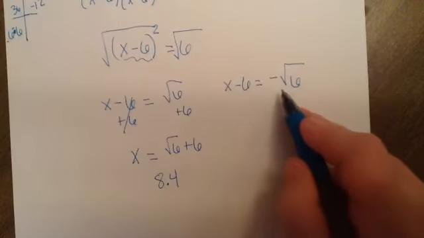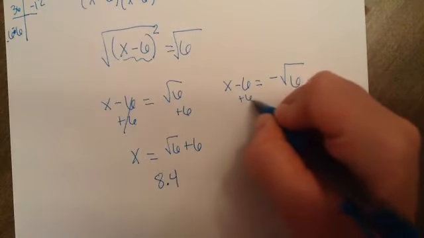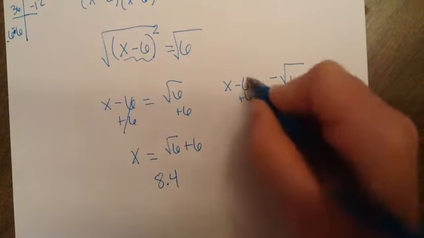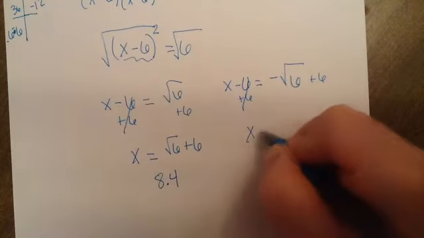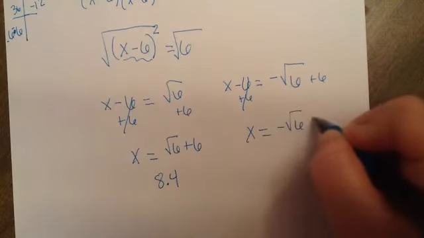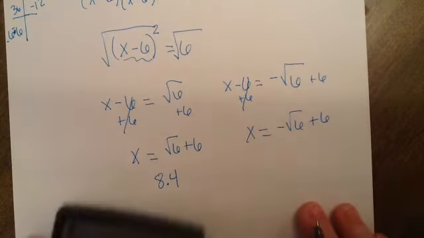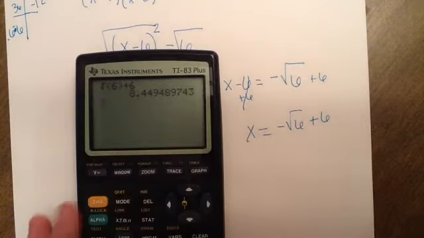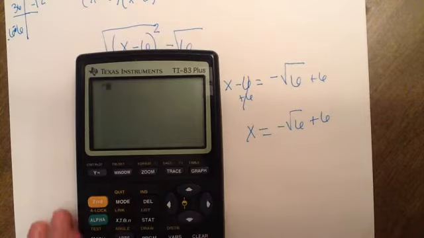We also have this one here. Add 6. So x equals negative root 6 plus 6. Enter that in. And I need it to be negative, so I'm going to hit the negative sign.